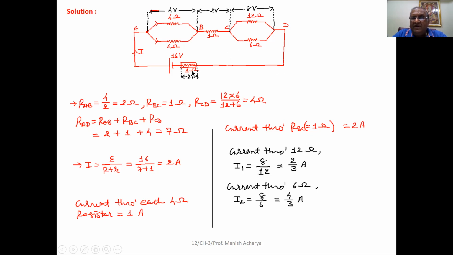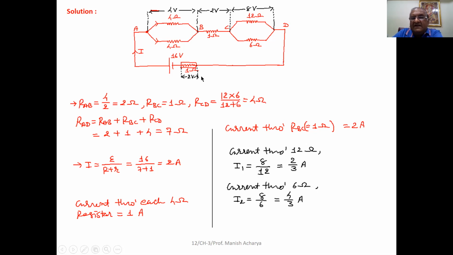Between BC, it is 2 volt. And when 2 ampere current is flowing through this cell, here the internal resistance of the cell is given to you as 1 ohm. So the potential drop will be 2 volt. So 4 plus 2 volt, 6 volt plus 2 volt, 8 volt. And the total voltage of the battery is 16 volt.